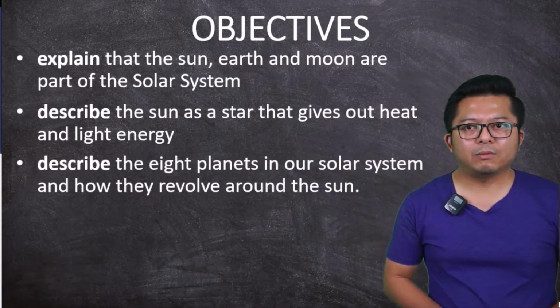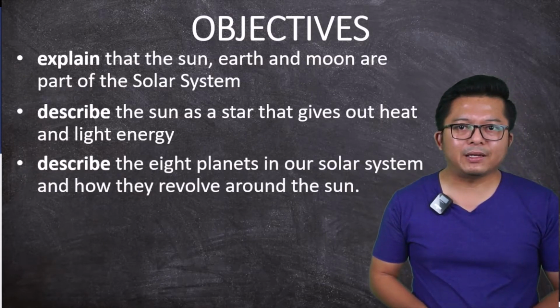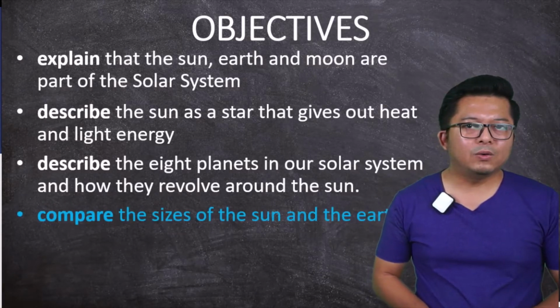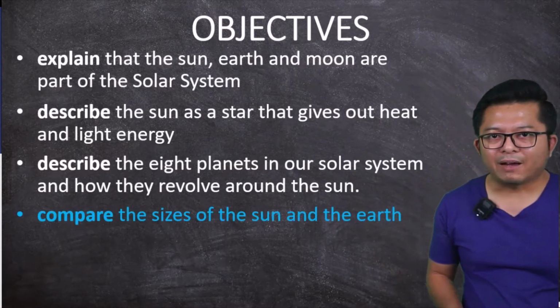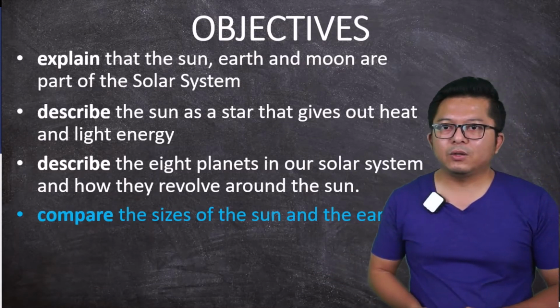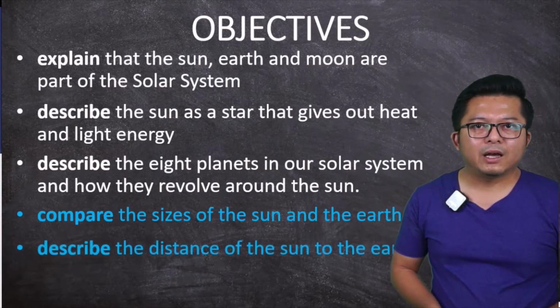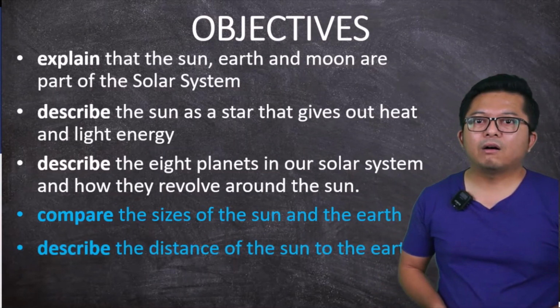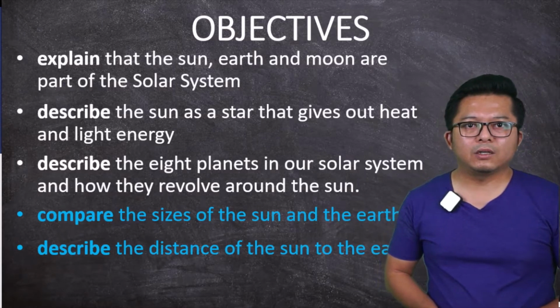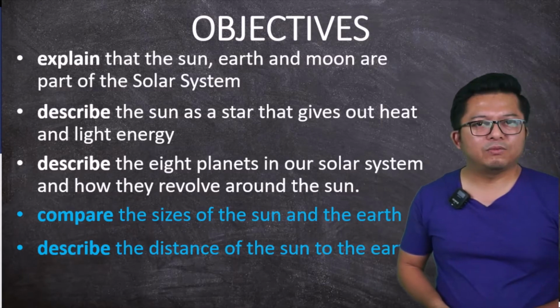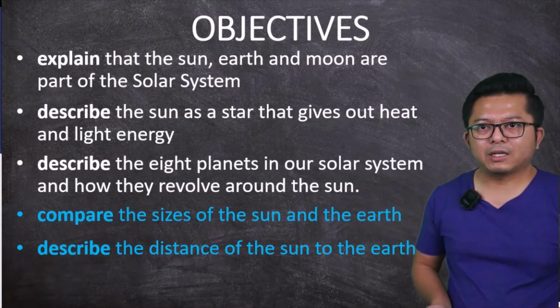And these two other objectives: describe the 8 planets in our solar system and how they revolve around the sun. And also, like I said, that we touched on in our previous videos, compare the sizes of the sun and the earth and describe the distance of the sun to the earth that I talked about in my last two videos.